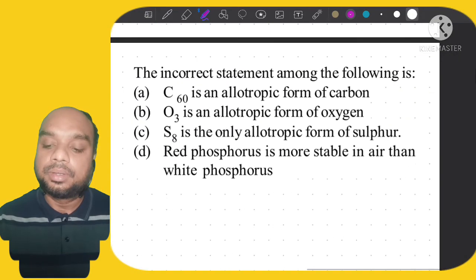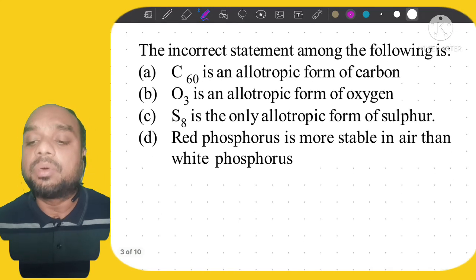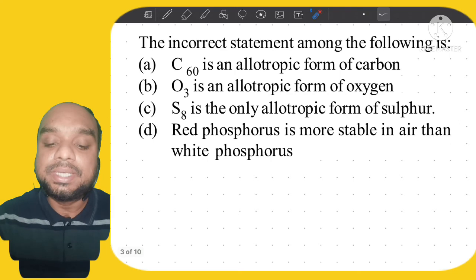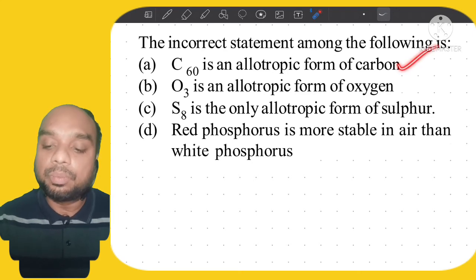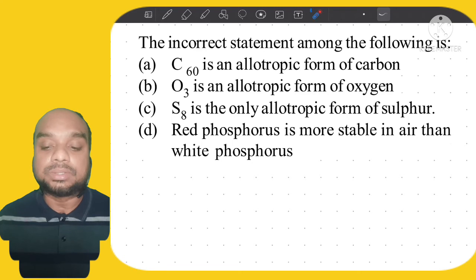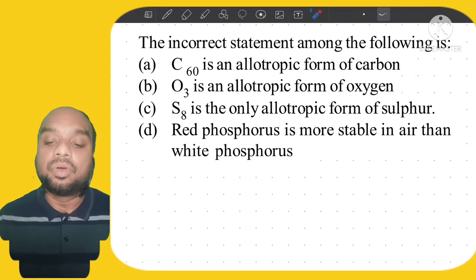So the incorrect statement among the following is, here what is given? C60 is an allotropic form of carbon. Yes, Buckminsterfullerene is an allotropic form of carbon. Right answer. Ozone is an allotropic form of oxygen. Yes, O2 and ozone, those two are allotropic forms of oxygen.